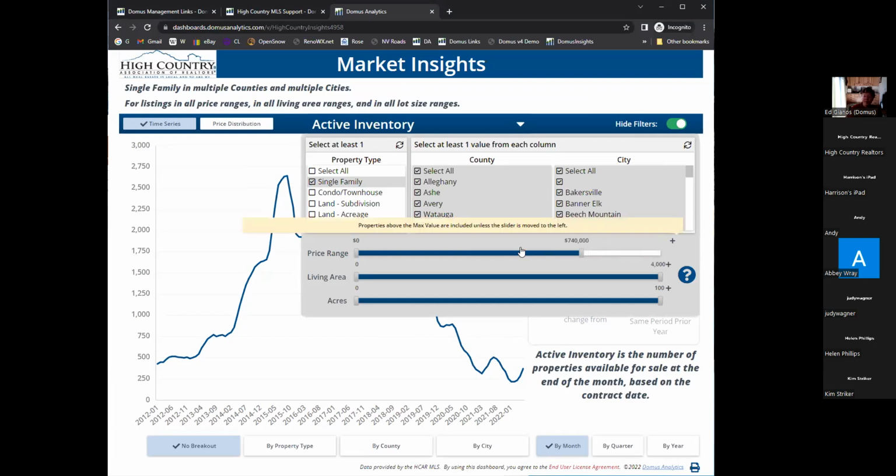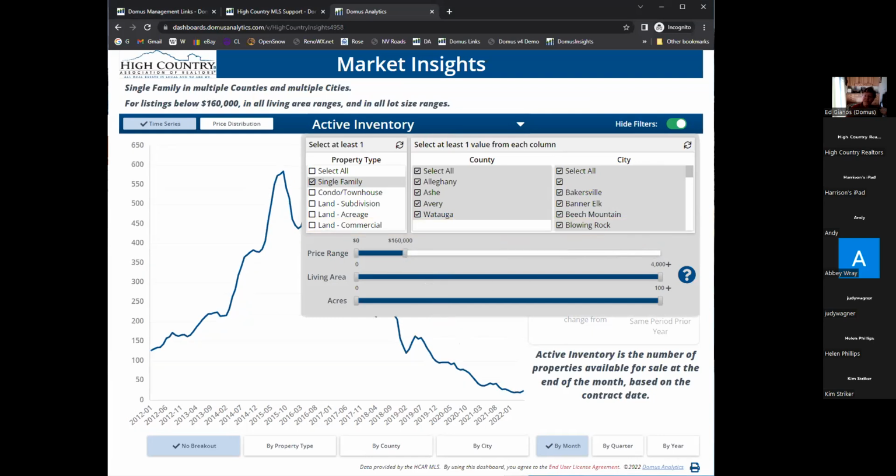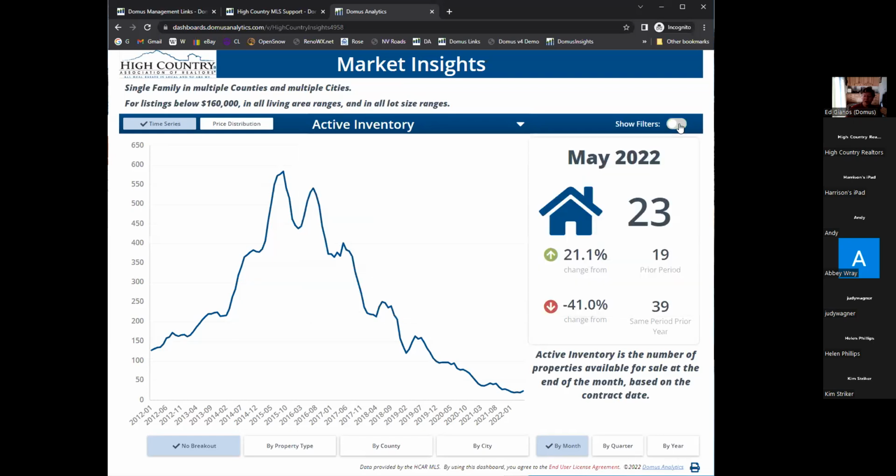We can demonstrate this by sliding our price range filter down to, say, 160. The active inventory chart is going to redraw behind the scenes. A couple of years ago, we had a couple hundred homes to choose from. And as inventory has gotten tighter and as prices have increased, we only have 23 single family listings for these people to choose from. That is just a super challenging environment.